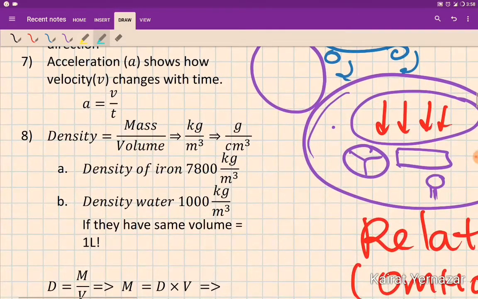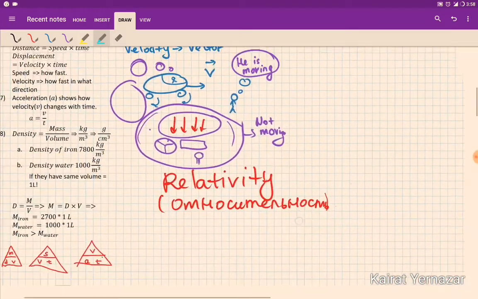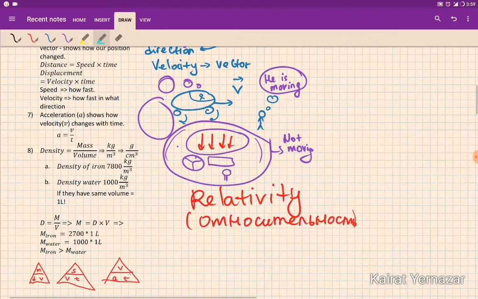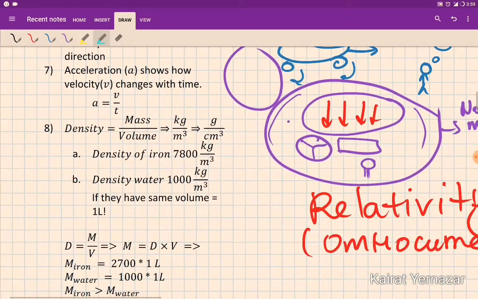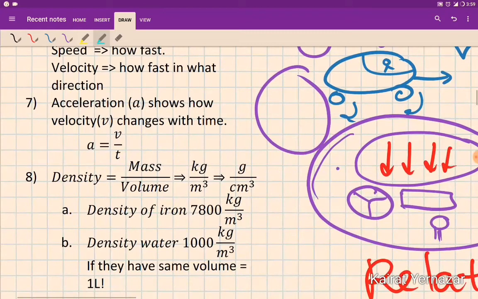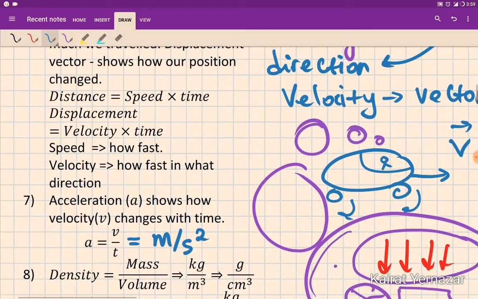Acceleration shows how velocity changes with time. Acceleration equals change in velocity divided by time. Density equals mass over volume, and it is measured in kilograms per meter cube or grams per centimeter cube. By the way, guys, I forgot to mention what acceleration is measured in. It is measured in meters per second squared.